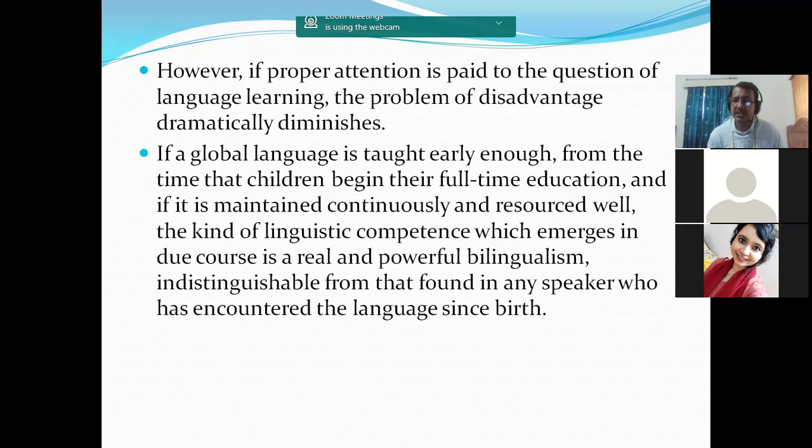And if we start learning English language or the second language from class 1, that would be easier for the person, that means the child, to learn the language quickly and very efficiently in comparison to person who starts learning second language at the age of 20 or at the age of 18.